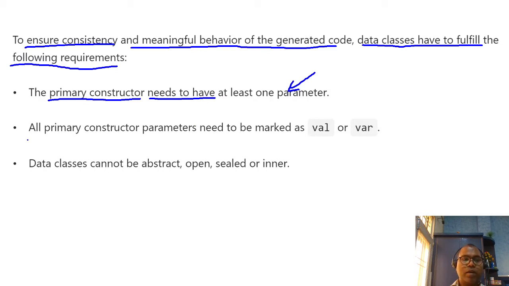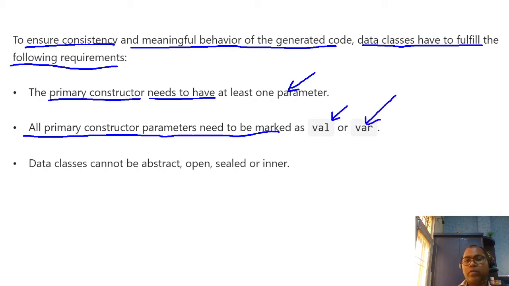All primary constructor parameters need to be marked val, read-only, or var. Data classes cannot be abstract, open, sealed, or inner. So these are the preconditions whenever you change any class to a data class.